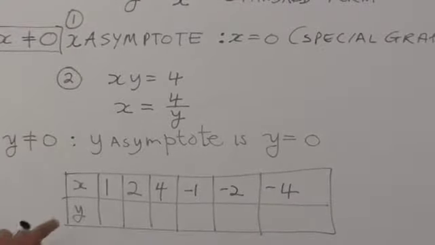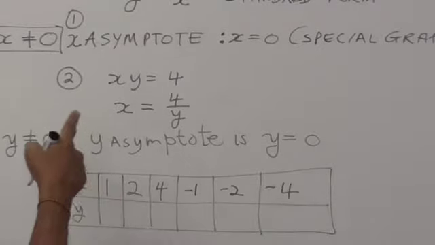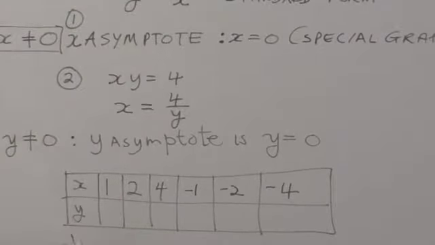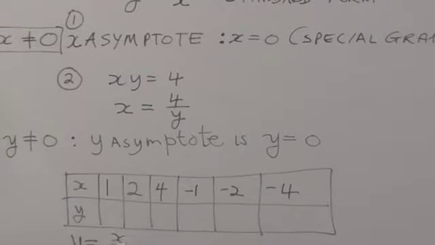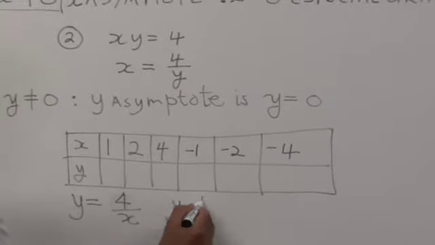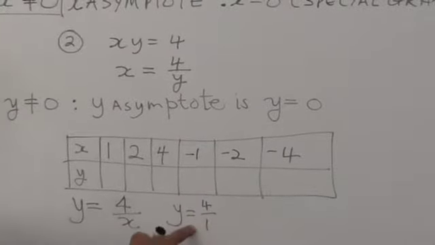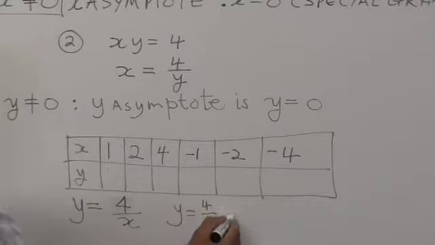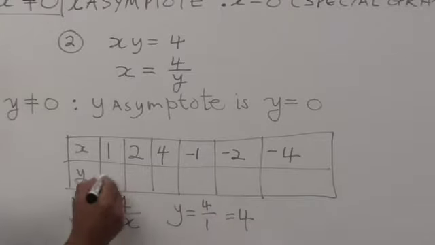Now, when you take this and put it into that, you're going to substitute in y is equal to 4 over x. When you're going to put 1 here, you're going to have y is equal to 4 over 1. Y is equal to 4 over 1 gives you the final answer 4. So that's 4.